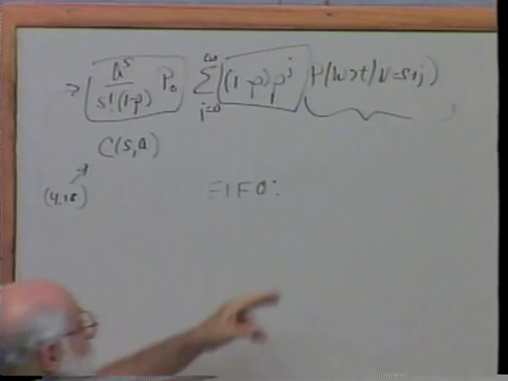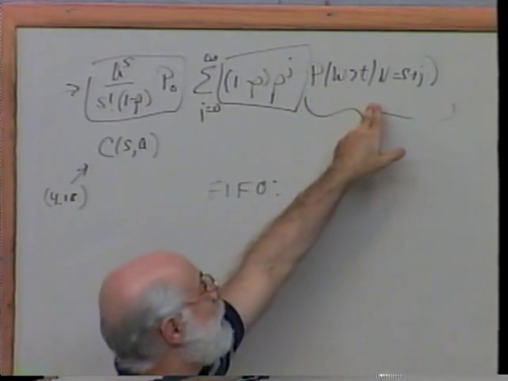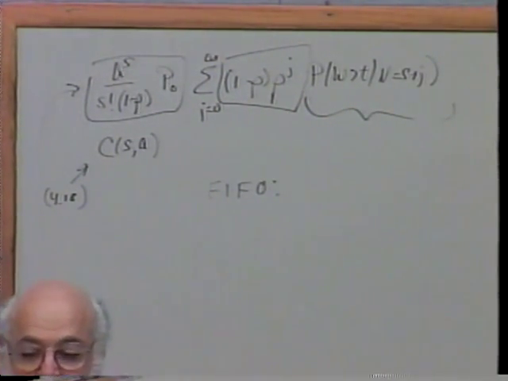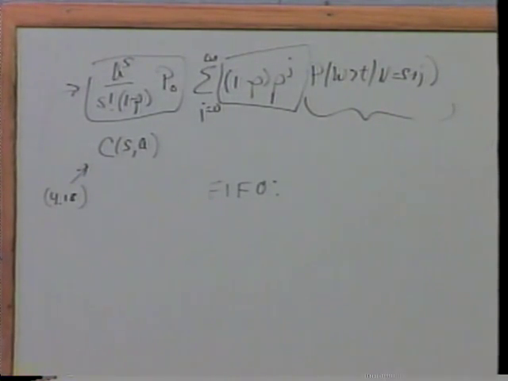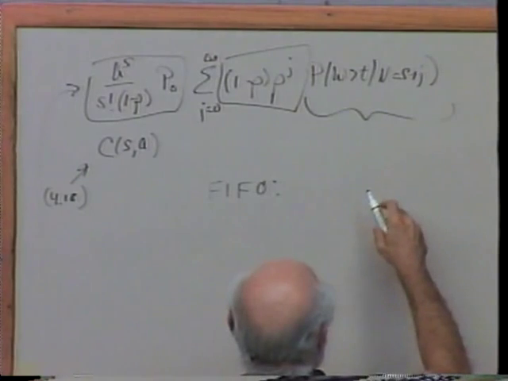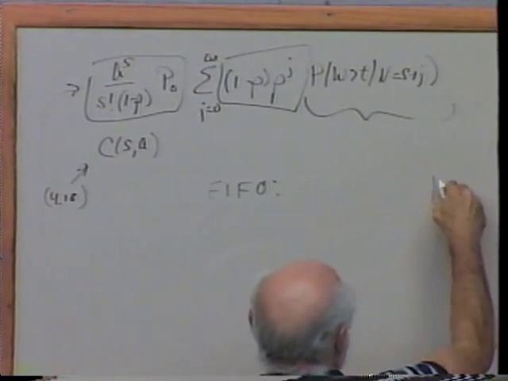And now, assuming FIFO, what I want to calculate is the probability of waiting greater than t, given that I find a queue of length j in front of me, knowing that those j customers are served before me, and anybody who arrives behind me is served after me. Okay, so here's the picture. Here are the servers.